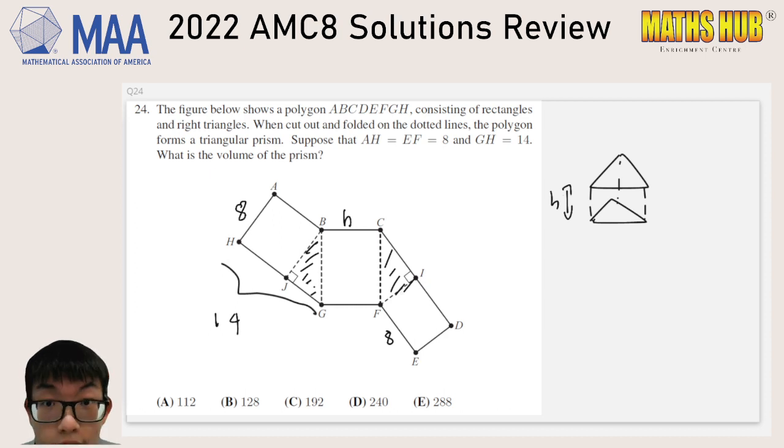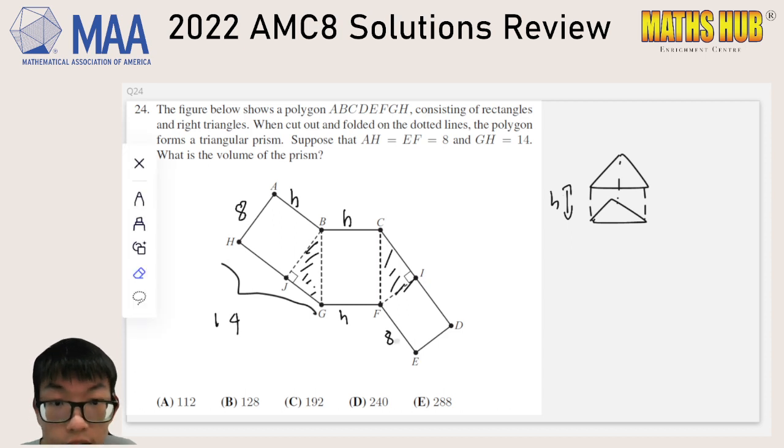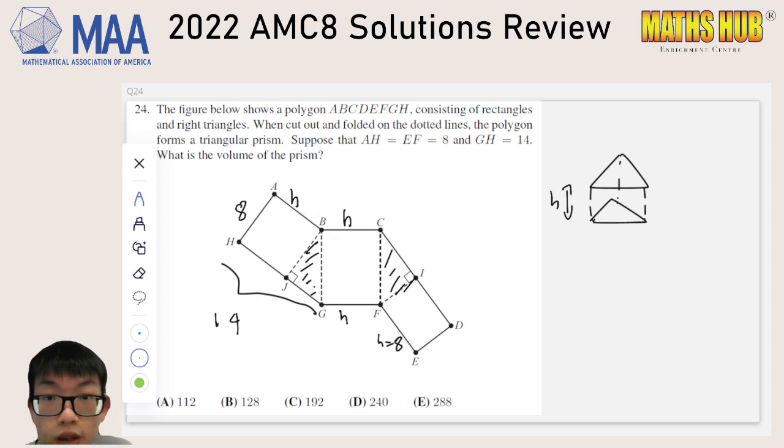Now another thing is that the height will be the same for all 3 of them. When you think of folding them together, you can see that this would actually have been the height here. So the height here is actually equal to 8, which is why this looks suspiciously like a square.